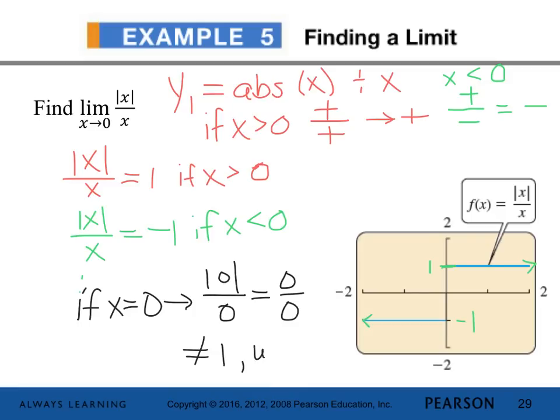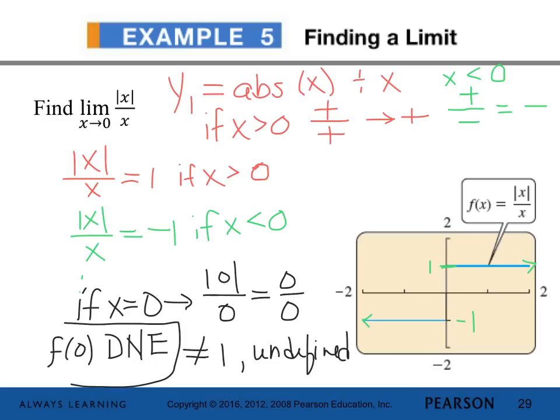It is undefined. Okay? So f of 0 is undefined. And what you'll see me say in shorthand here a great many times is f of 0 does not exist, DNE. That means it's undefined.